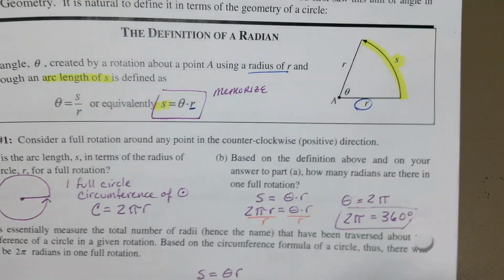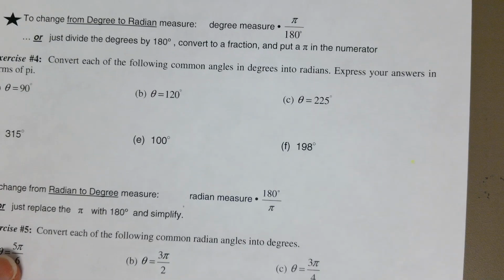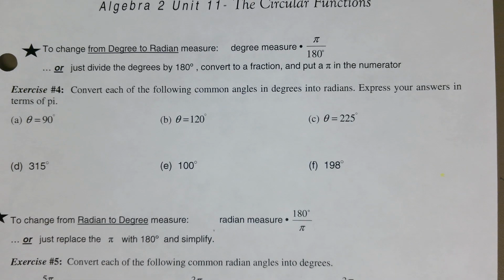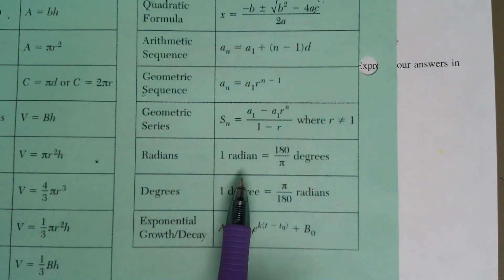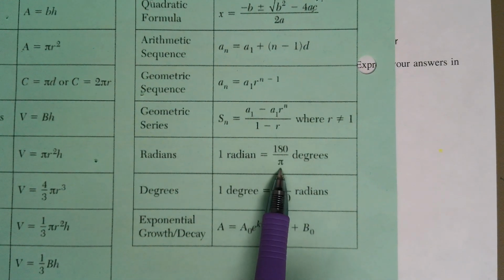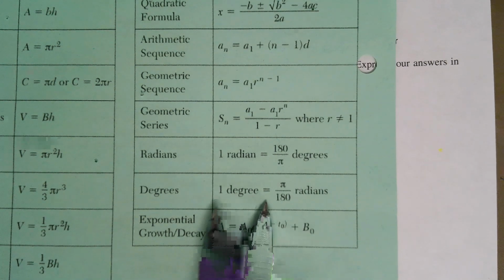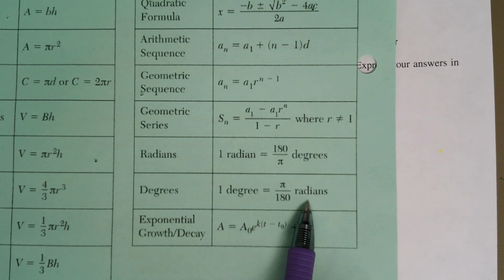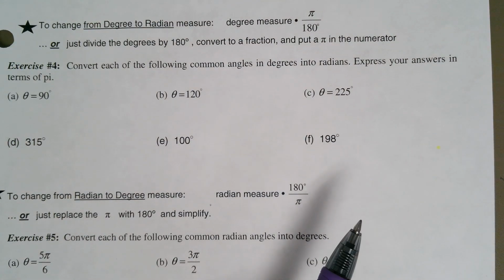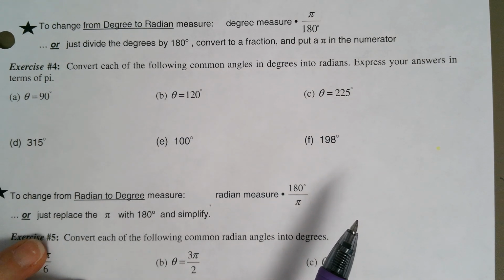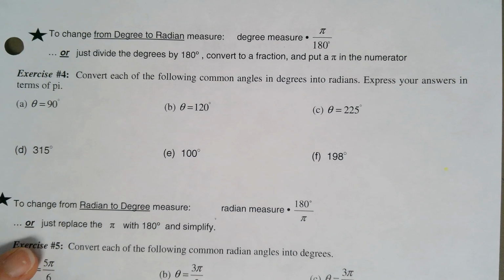Now there's a formula on the reference sheet. So on the green reference sheet, we have 1 radian is equal to 180 divided by pi degrees, and 1 degree is equal to pi over 180 radians. So the change from degree to radian, we take the degree measure and we multiply by pi over 180.